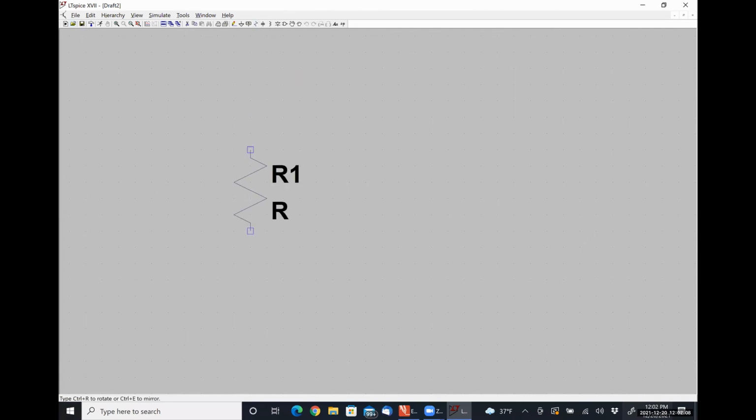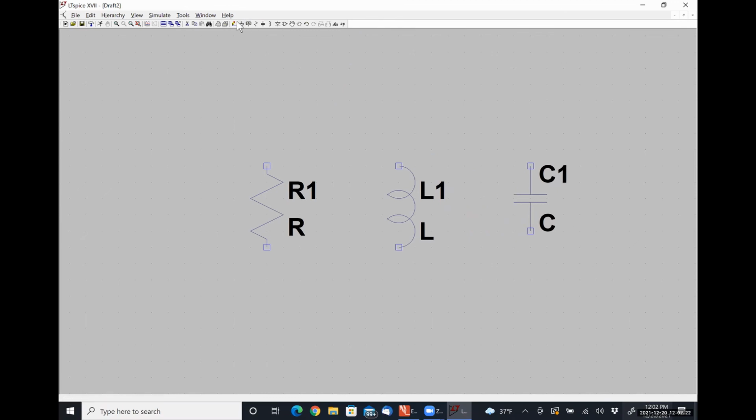So I am literally just going to put a resistor and inductor and a capacitor in parallel. Wire things up.